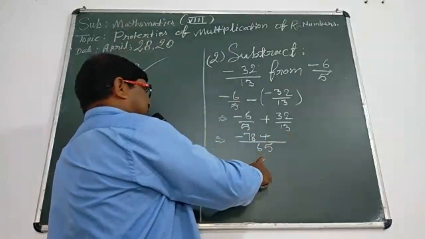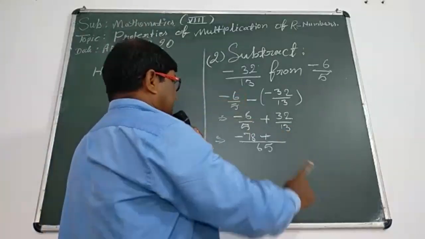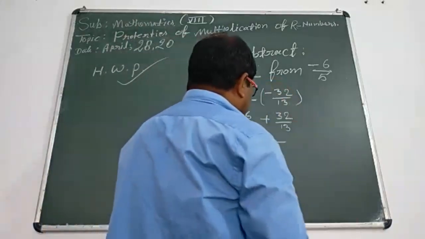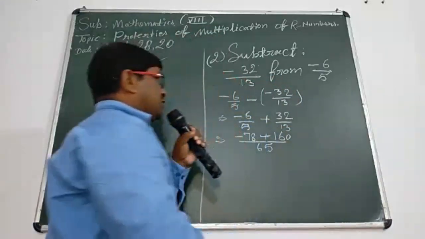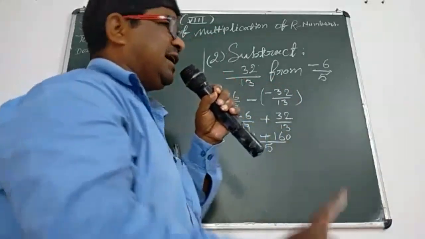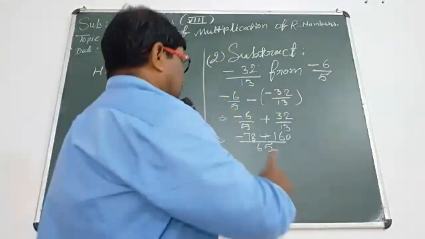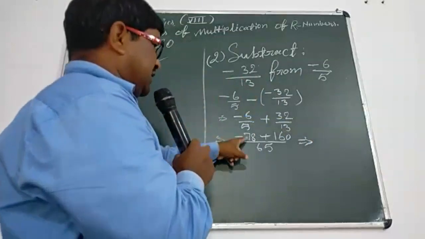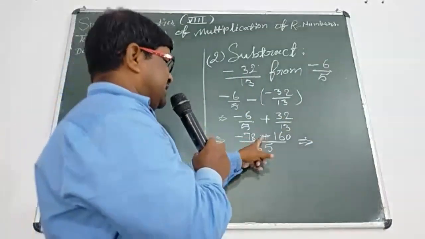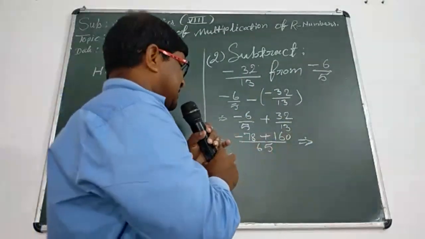Plus, divide 65 by 13, you get 5. 5 times 32 is 160, because 5 times 30 is 150 and 5 times 2 is 10. So 160. Now student, you have two integers here: minus 78 plus 160.